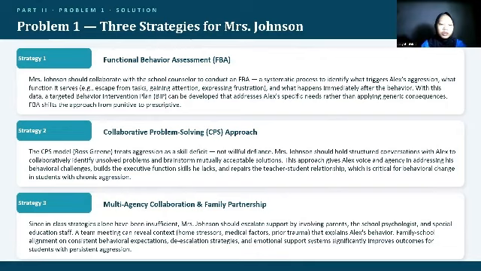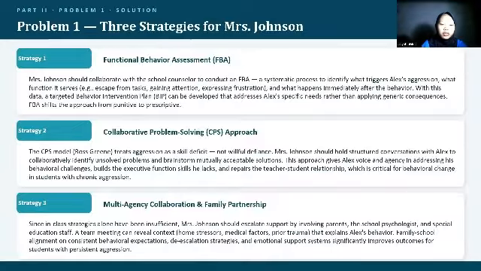Strategy 3. Multi-agency collaboration and family partnership. Since in-class strategies alone have been insufficient, Mr. Johnson should escalate support by involving parents, the school psychologists, and special education staff.